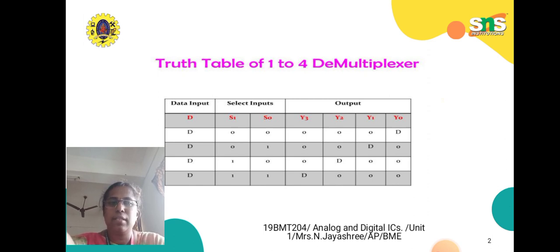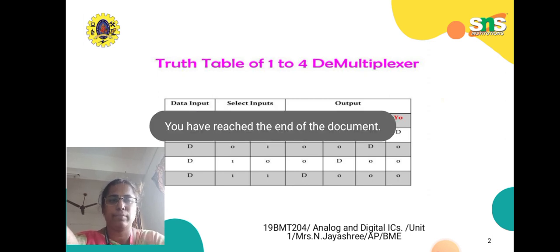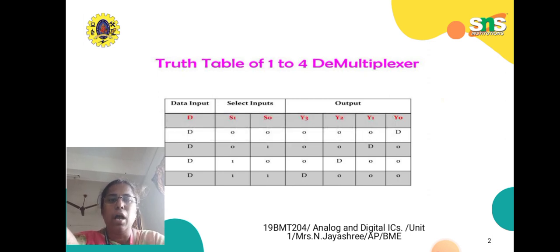For this, the select line is 0 1. If you want to select y2, the output y2 will come, and for this we need to select 1 0. If it is 1 1, the output y3 will come. The same data input will reflect back at the output side. So this is the demultiplexer.